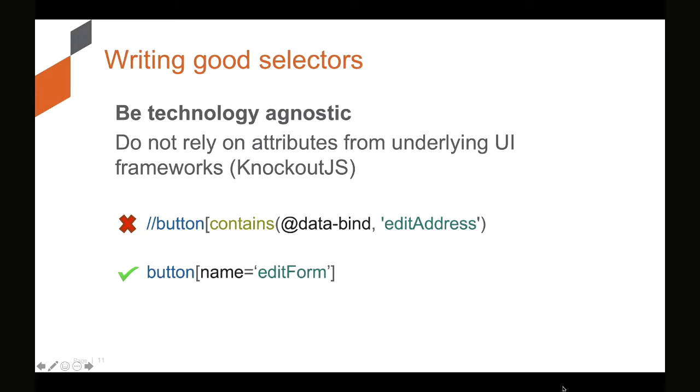It's always a good practice to stay clear of such attributes which are specific to these frameworks, because if there's any refactoring happening on the front end, and if these frameworks go away, all your selectors would end up breaking. So instead, rely on generic or default attributes that you have for elements.